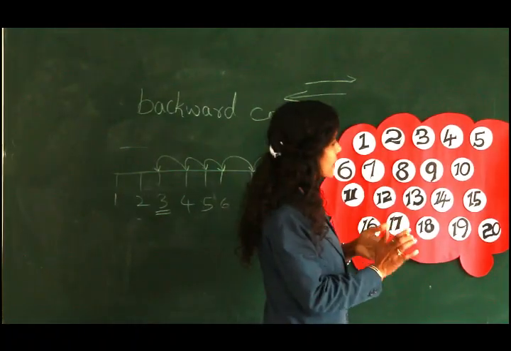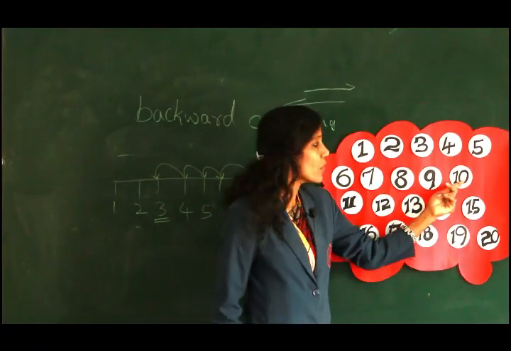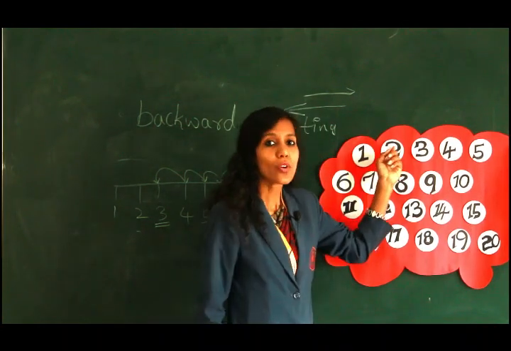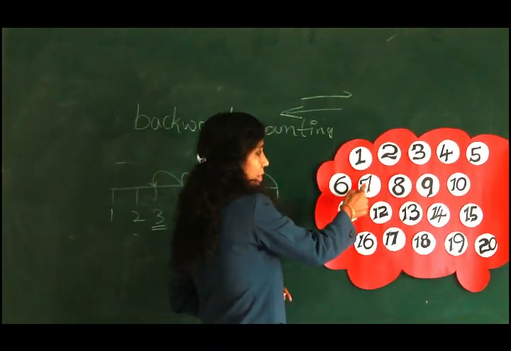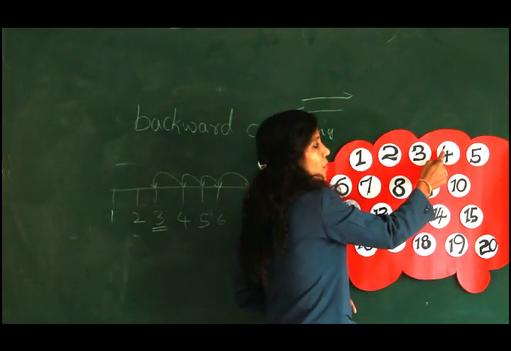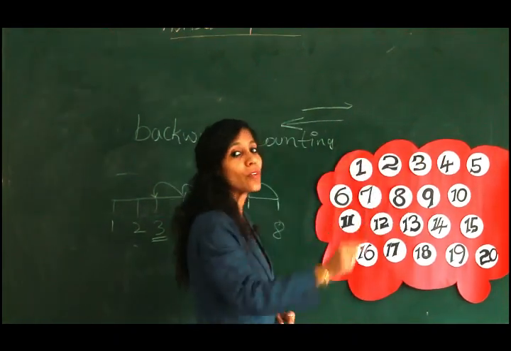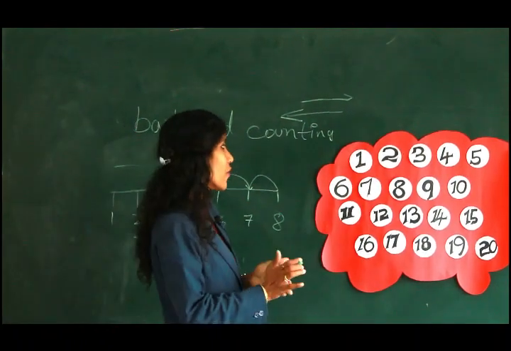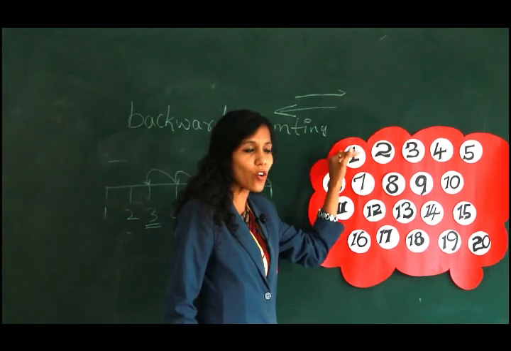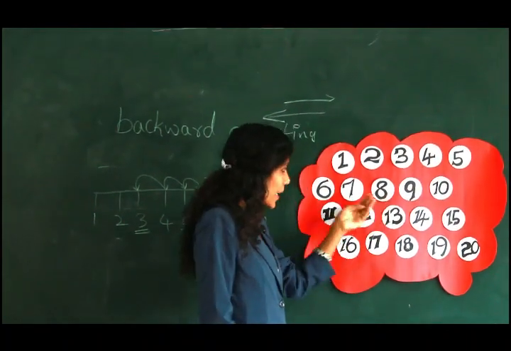Now let us see in this number line. We are at 10. We want to reach 2. So how do we go? We go 9, 8, 7, 6, 5, 4, 3, 2. This is backward counting. Now let's see the difference between forward and backward. Forward is we go front and backward is we come back.